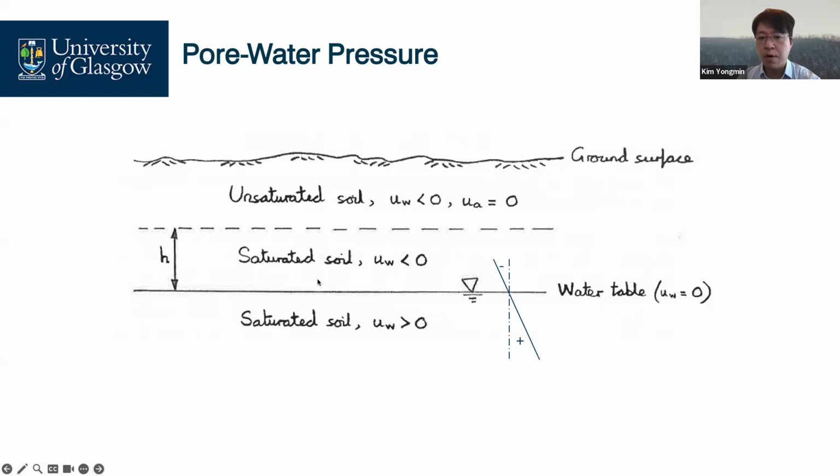It can also be regarded as saturated due to capillary rise, which is the matric suction pressure. That's why the water goes up a little bit more. So this zone is probably saturated, but technically and theoretically, this zone is also an unsaturated zone.